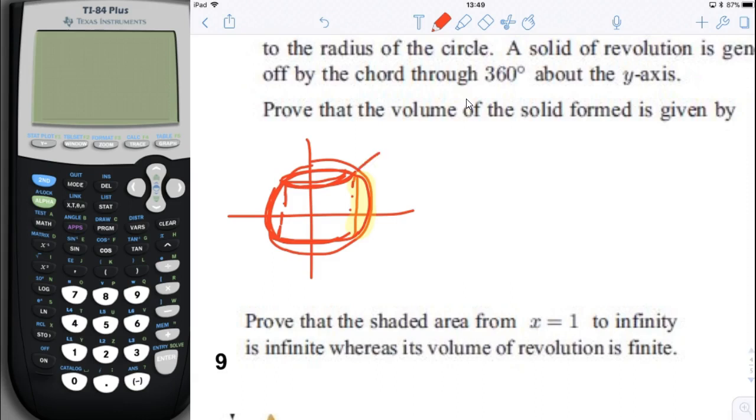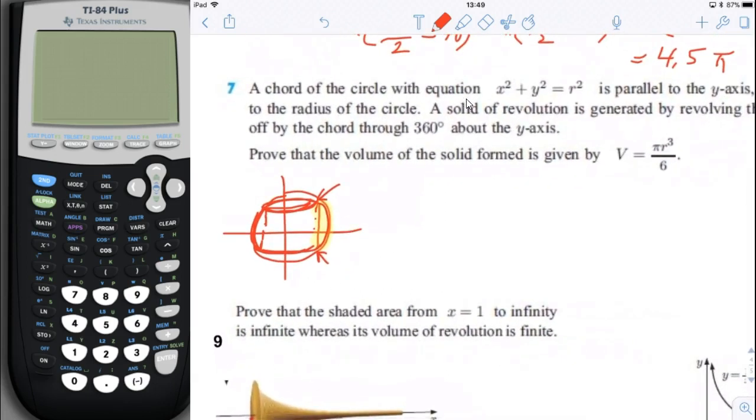And so the key here is we need to figure out what these points are so we could do the limits of integration. Let's see. The equation we have is x squared plus y squared equals r squared. We are going to do an integral with respect to y because we're revolving it around the y-axis.